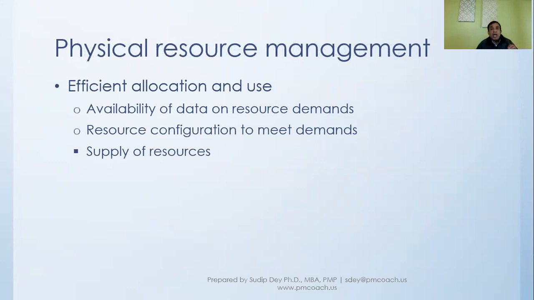If we don't have the information on how much resource we need at what point of time, then we might have a problem, because when we actually come to know, it might take time to get those resources, and then my project might suffer. And then not only the resource demands, also the resource configuration, what type of resource that is, and the supply of resources.